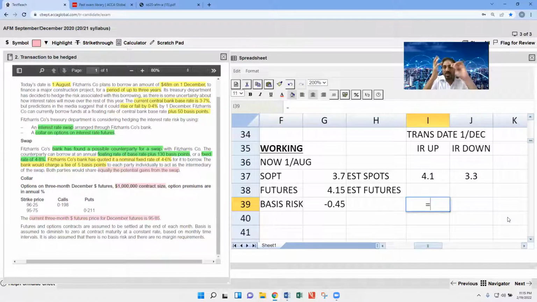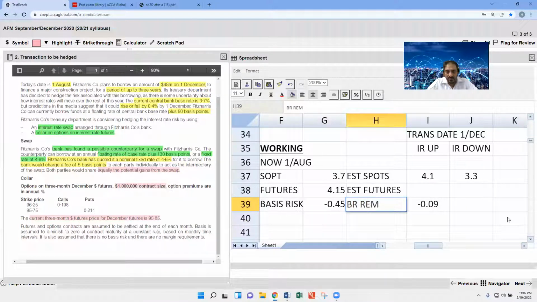So count August till 31st December: August, September, October, November, December, 5 months. Minus 0.45 divided by 5 multiplied by 1 is 0.09. Basis risk remaining.